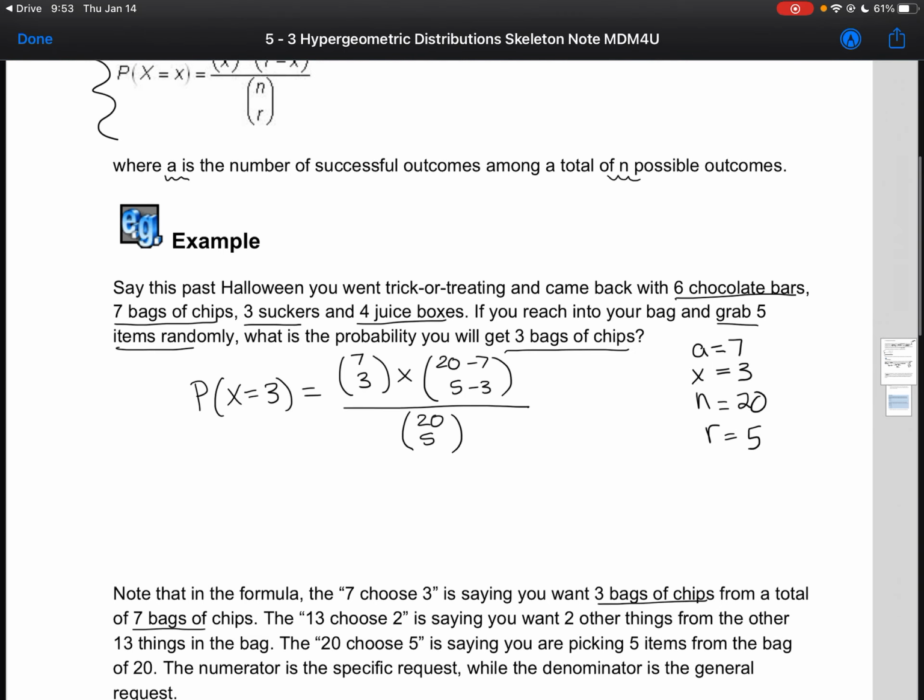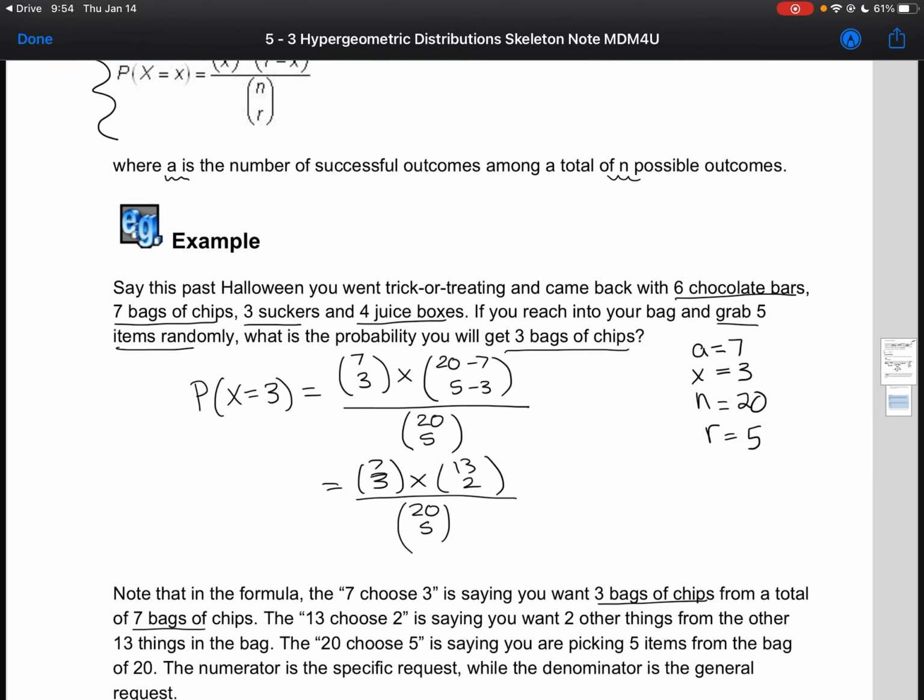The next part, which is 13 choose 2, is just saying out of the 13 items left, I want to pick 2 of those. The last part is my total number here, which is 20 choose 5.